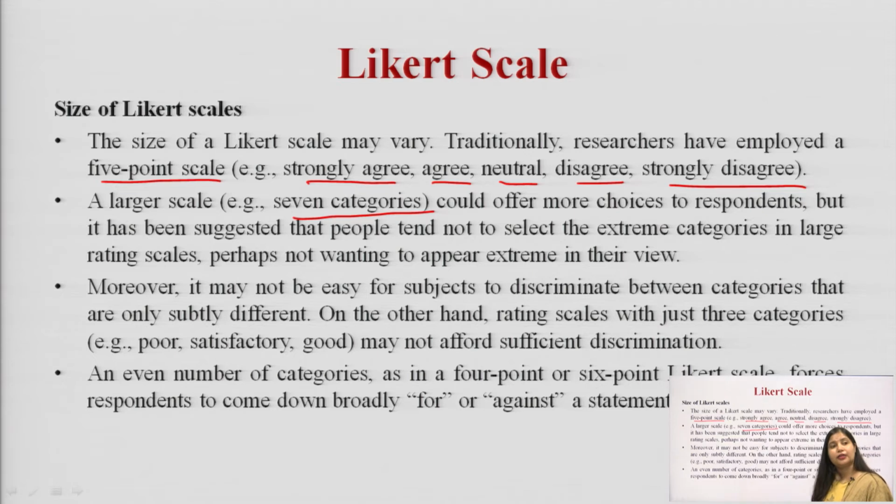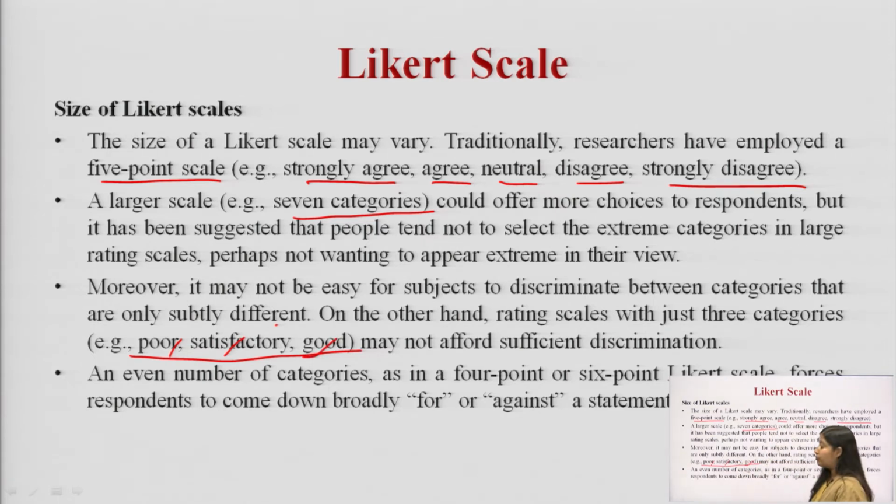There are other sizes of the rating scale also. Moreover, it may not be easy for the subjects to discriminate between categories that are only subtly different. On the other hand, there is the rating scale which has just 3 categories, a 3-point rating scale, like where you have given the options poor, satisfactory and good.